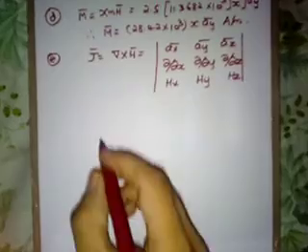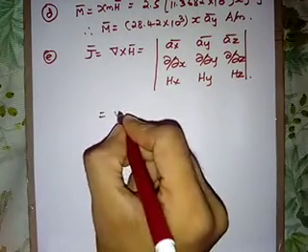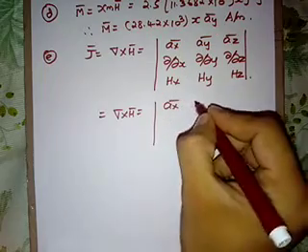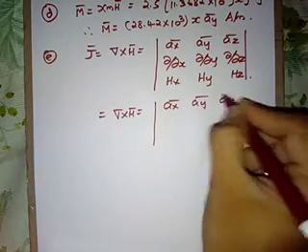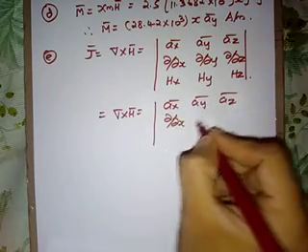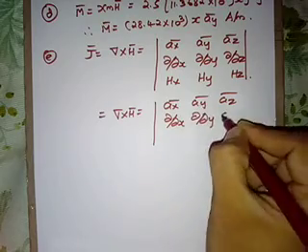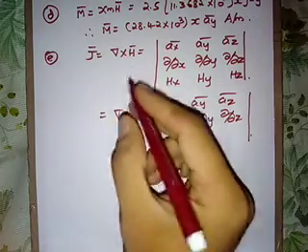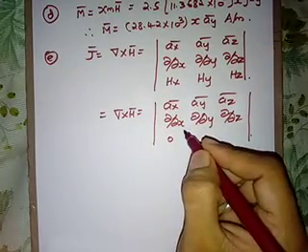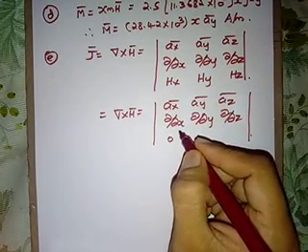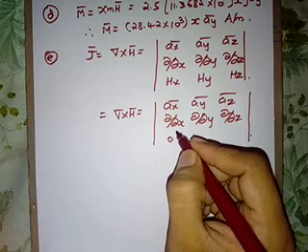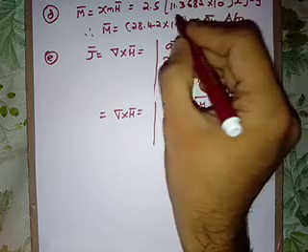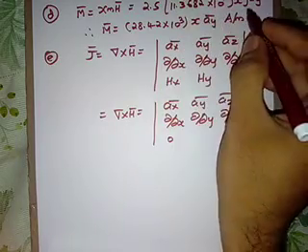Now substitute. So this will be equal to del cross H bar, the determinant of a_x bar, a_y bar, a_z bar; dou by dou x, dou by dou y, dou by dou z. Hx is 0, there is no x component. Only the y component of H is given, that is 11.3682 into 10 raised to 3 x a_y bar.